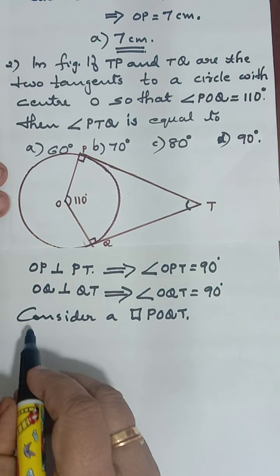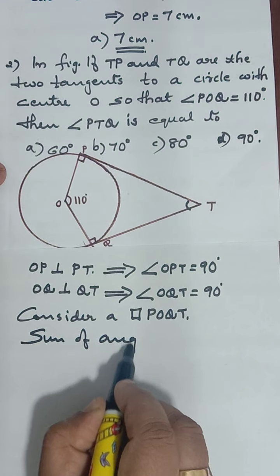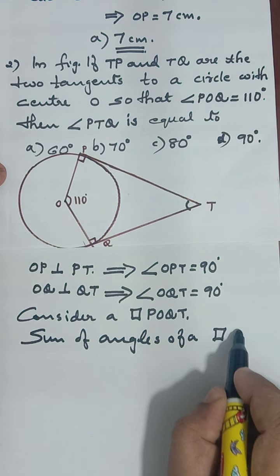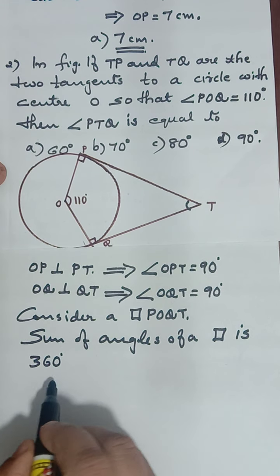We have to write it as the sum of the angles of a quadrilateral is 360 degree.